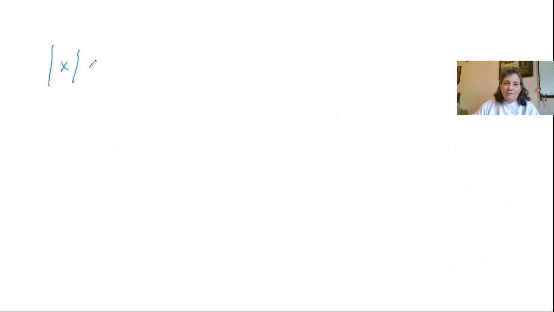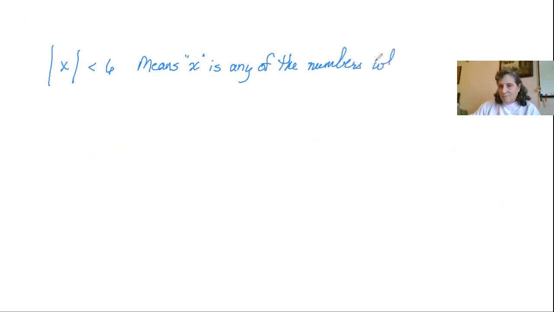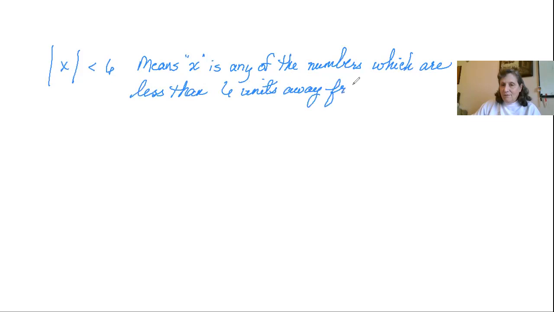If I have the absolute value of x is less than 6, that means x is any of the numbers which are less than 6 units away from 0.